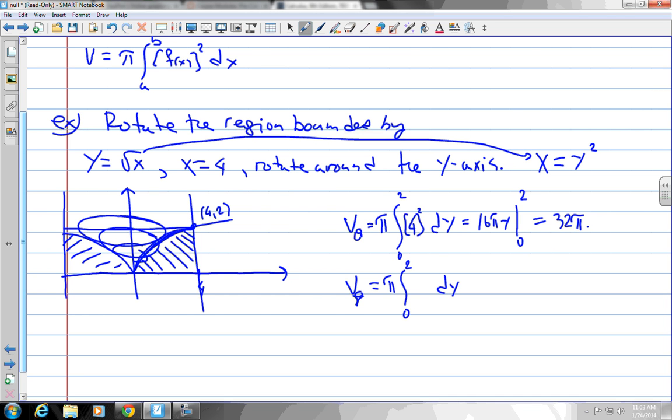That's what we're going to be rotating around the y-axis. So it's y squared, squared. Is that okay? This is y to the power 4. We integrate that, so it's y to the 5th over 5 from 0 to 2. So what do we end up with? 32 pi over 5.